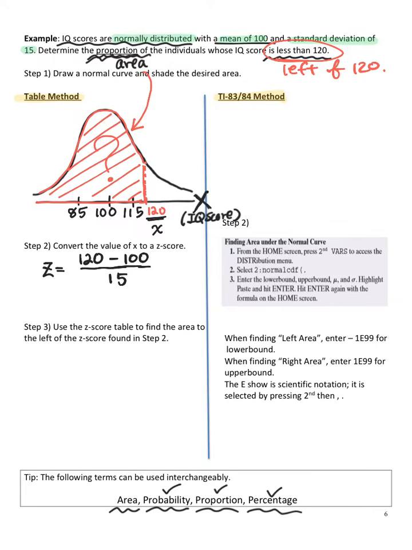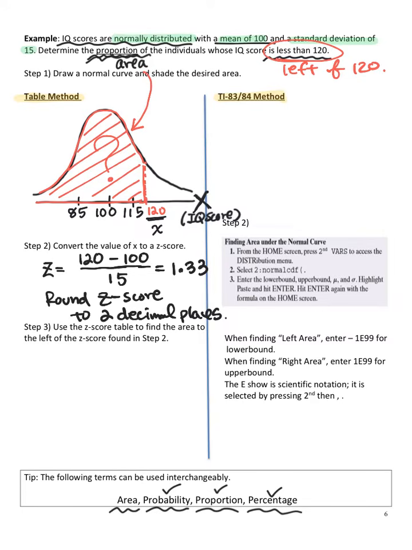Now go ahead and round any z-score to 2 decimal places. So it's going to be 1.33. If you punch these numbers in your calculator, it's 1.33 and it keeps going. So 1.33.